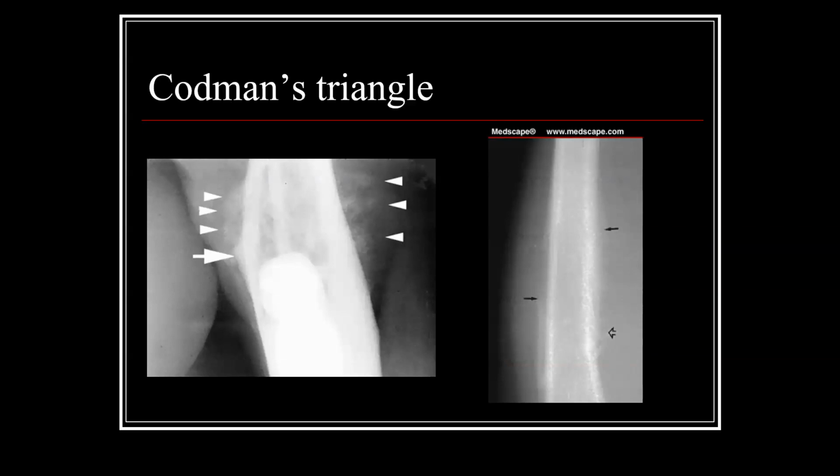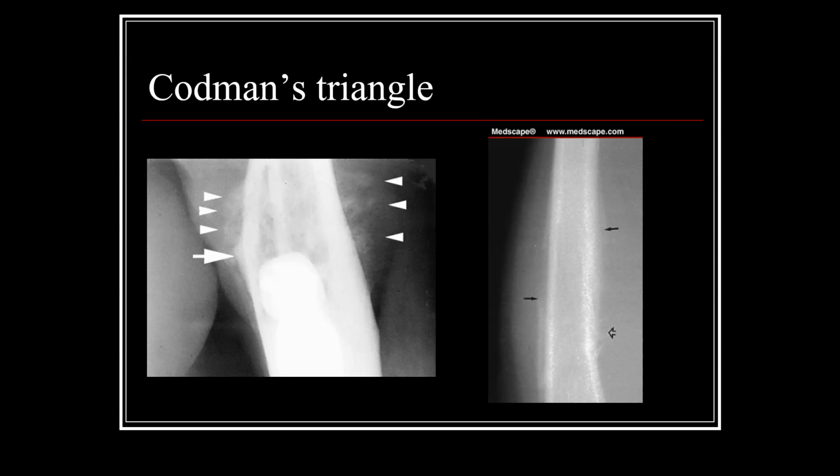Now, in terms of how the lesion interacts with the periosteum, I'm sure you've all heard the term Codman's triangle, which refers to the mineralization that happens as the periosteum is elevated off the cortical bone, and you get sort of perpendicular bone that is laid down as new bone between the new level of periosteum and the old cortical bone.